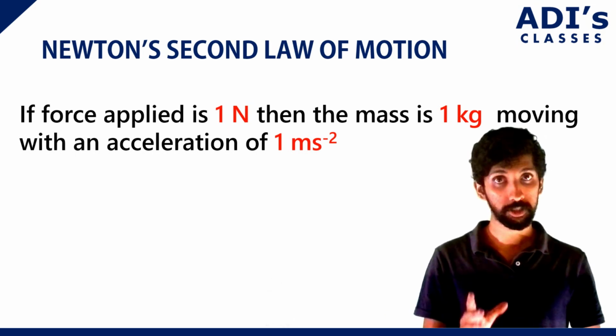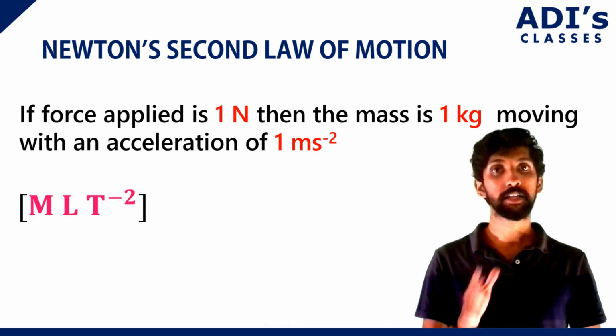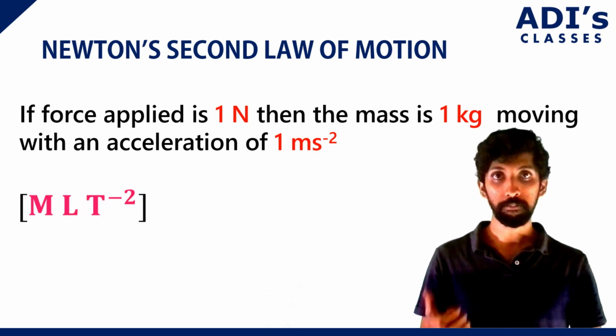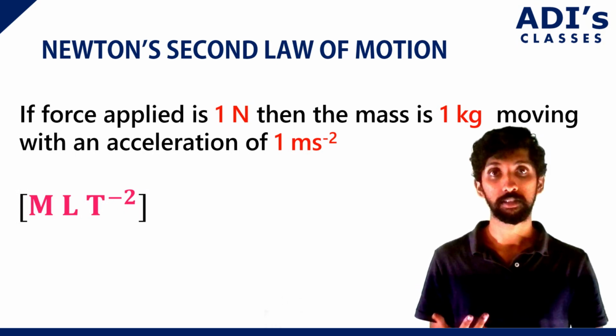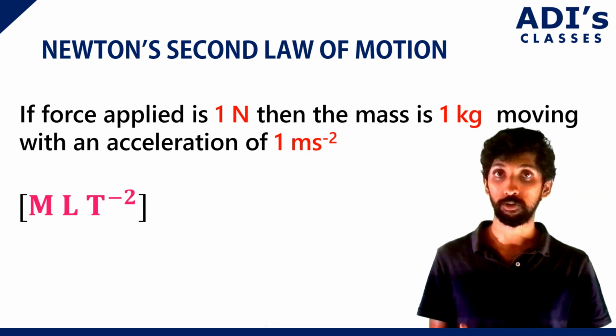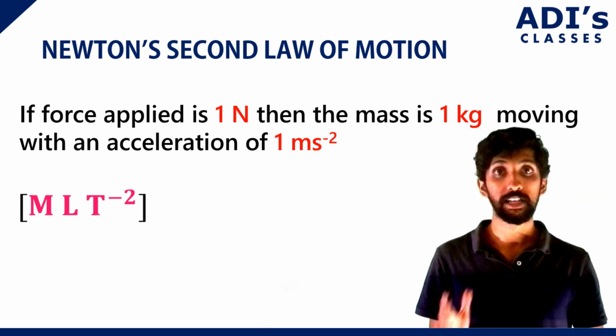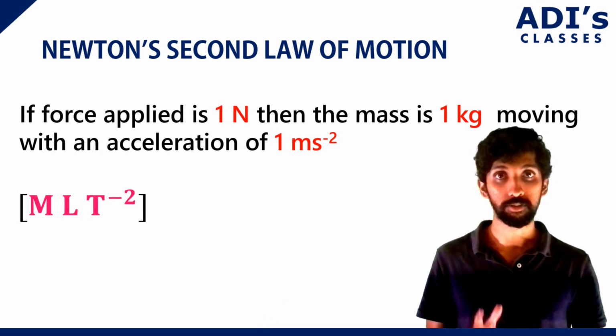Now coming to the dimensional formula, you have kg meter per second square. So M L T minus 2. Now this is the dimensional formula for force. So force, SI unit is Newton.